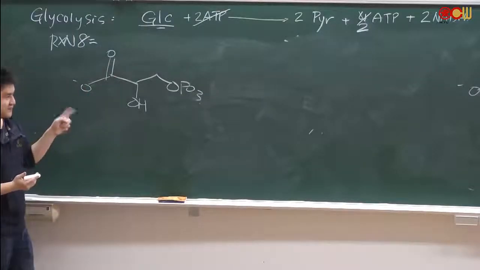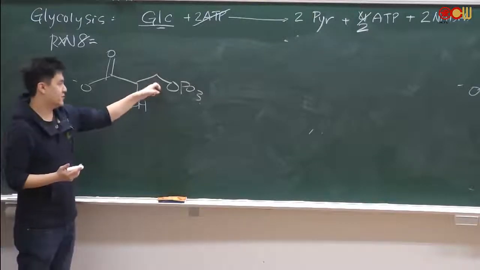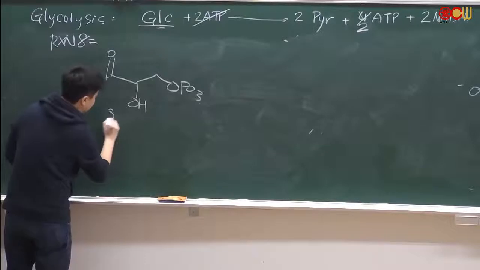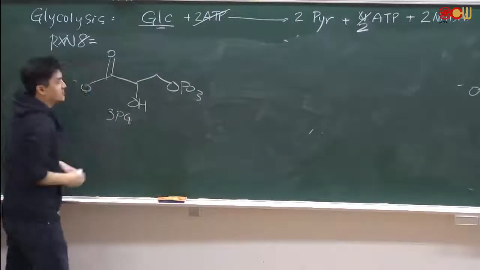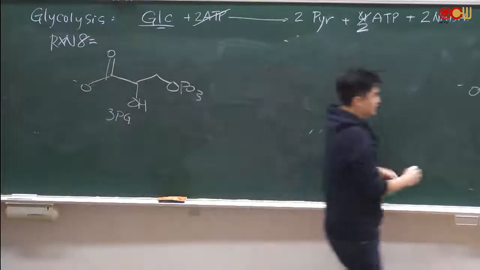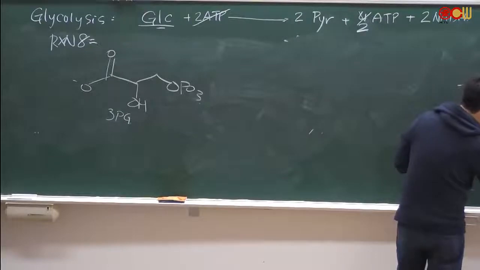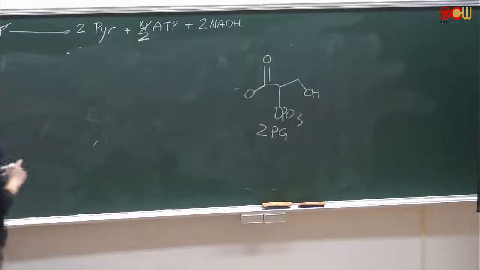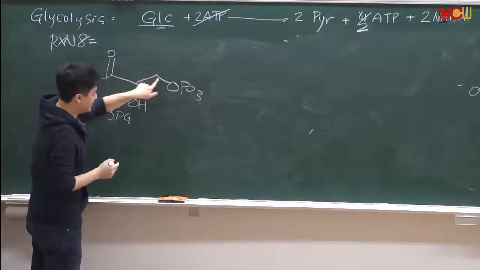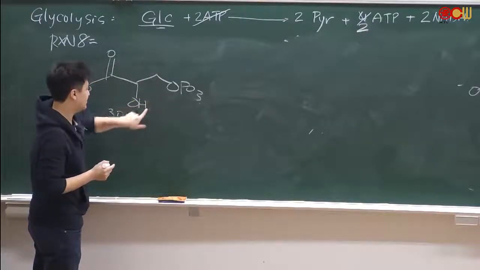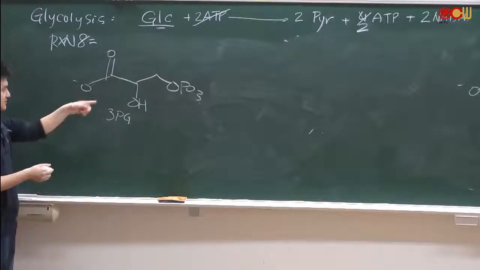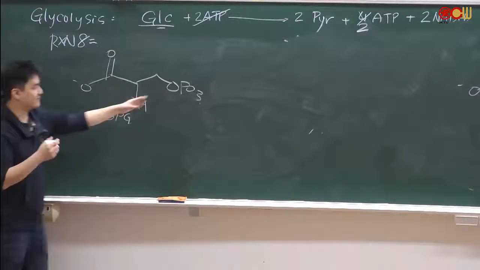So you're going to change the phosphate from 3 position to 2 position. You're going to go from 3PG, 3-phosphoglycerate, to 2PG, 2-phosphoglycerate. And remember, glycerate is just 3 carbon, OH here, OH here, and then acid. Phosphoglycerate is where you have a phosphate on it.